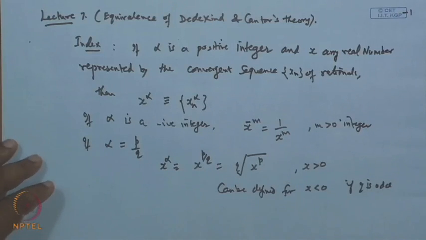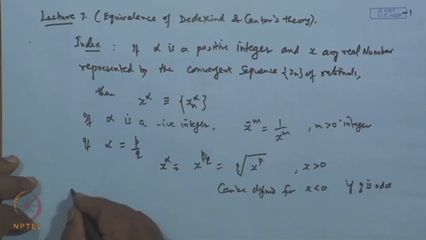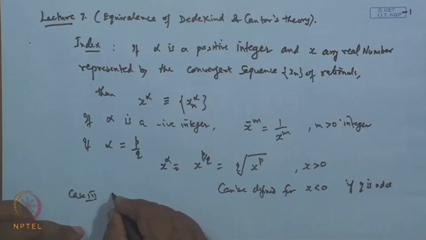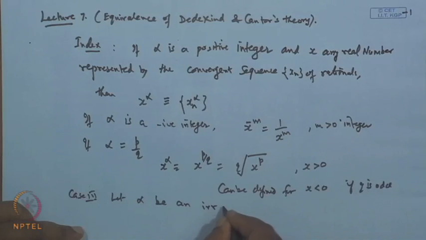And the third case which we are discussing is if alpha is an irrational number.